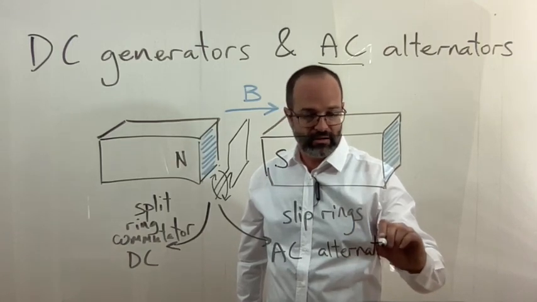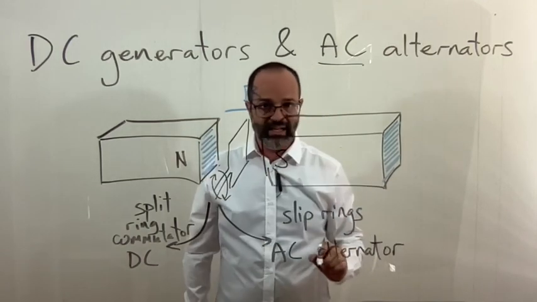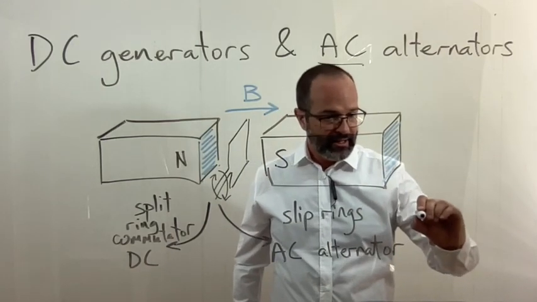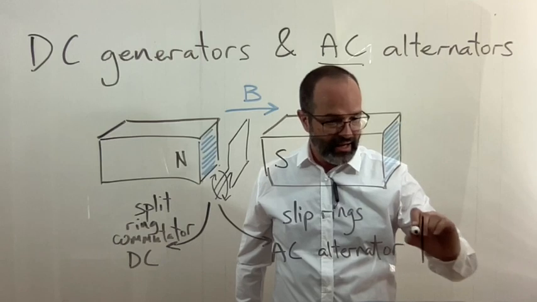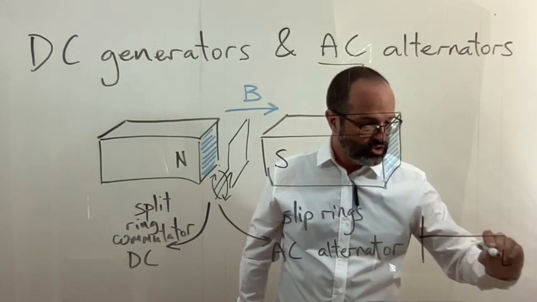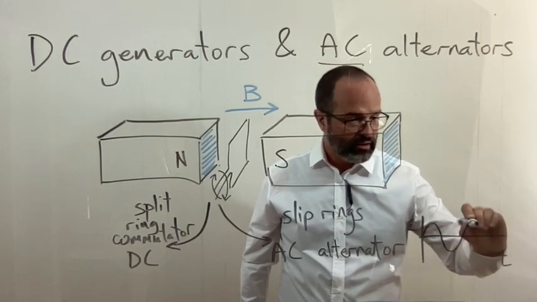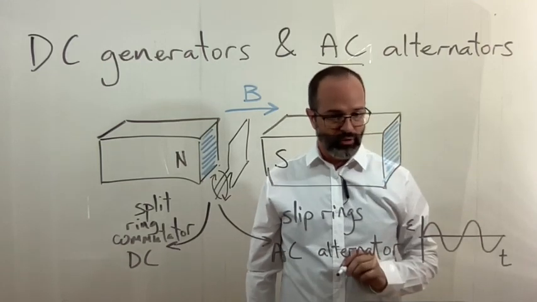And the reason for that is what the output of this is going to look like is the EMF compared to time is going to be going up and down, back and forth.